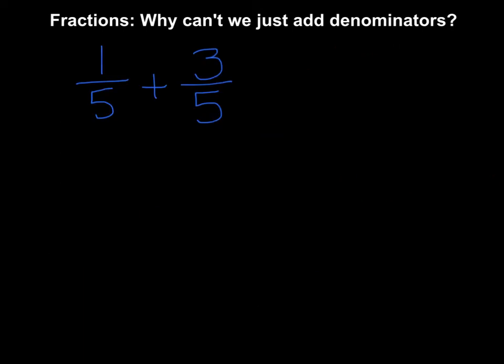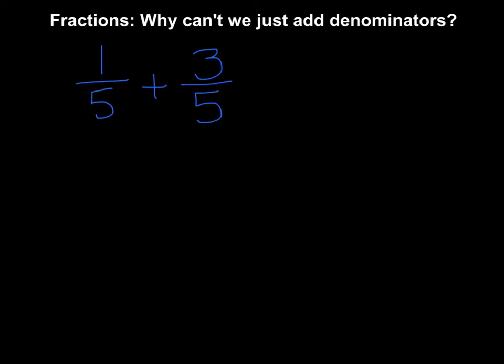For our first example, let's look at 1/5 plus 3/5. So again, if we think Thanksgiving, if I have 1 slice where it takes 5 slices to make a full pie, and 3 slices where it also takes 5 slices to make a full pie, we can see that all of these slices are the same size.